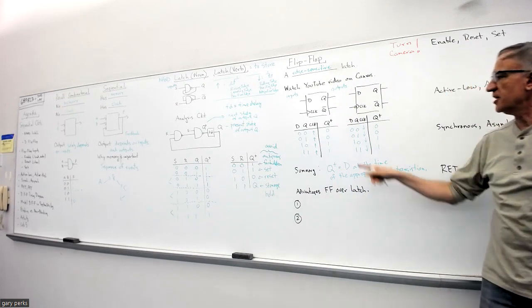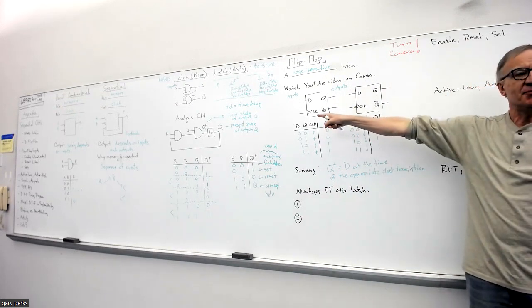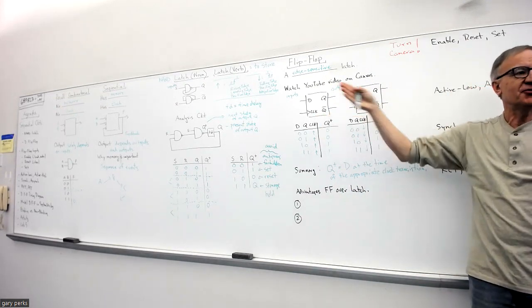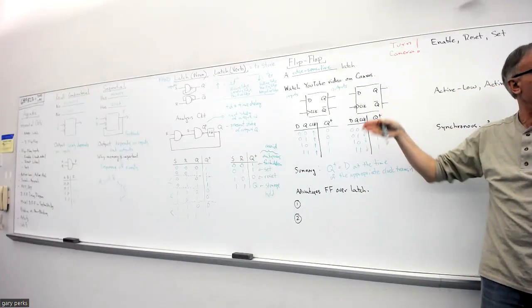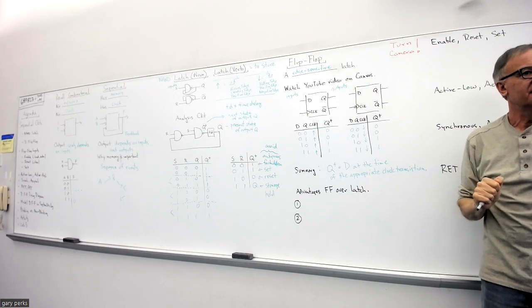And what I mean by appropriate is if you have this type of D flip-flop, the appropriate transition is the 0 to 1 transition. And if you have this type, the appropriate time is the 1 to 0 transition.